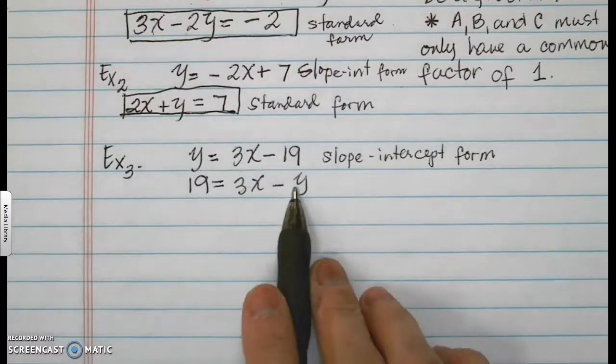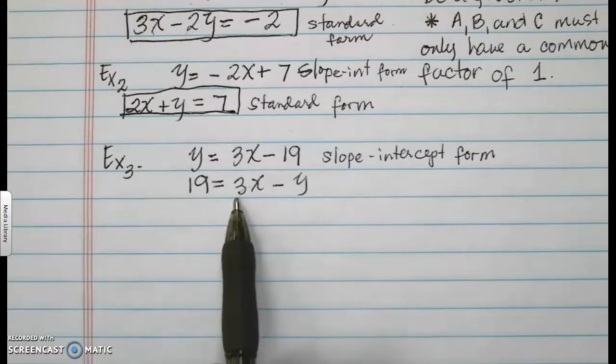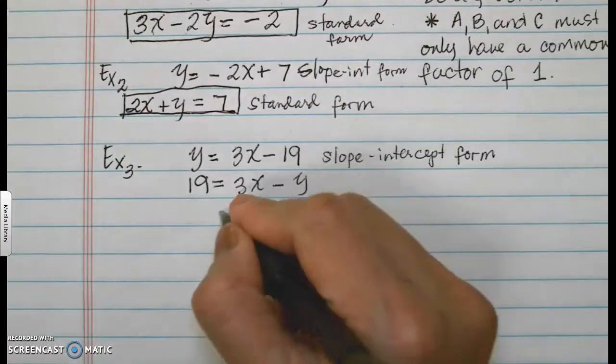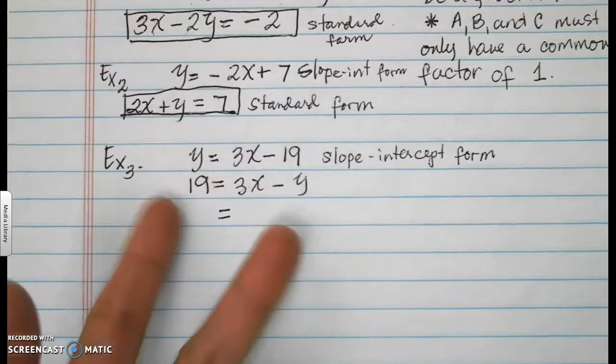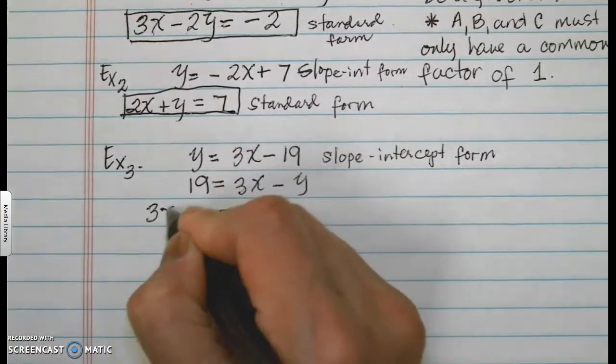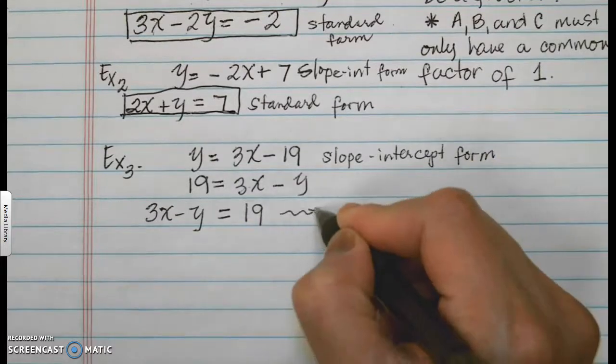By the way, y can be negative. We are not concerned about that. The term that cannot be negative is the a term. So I will just flip them like that, making it 3x minus y equals 19. This now is your standard form.